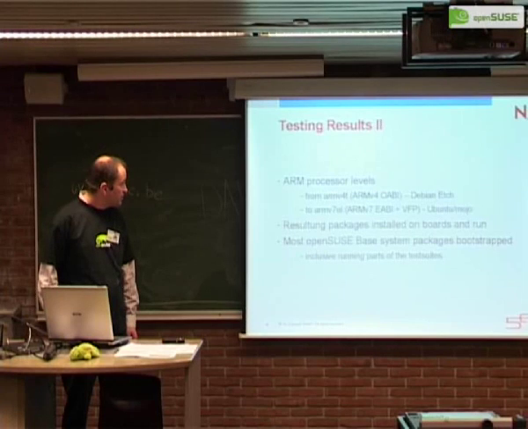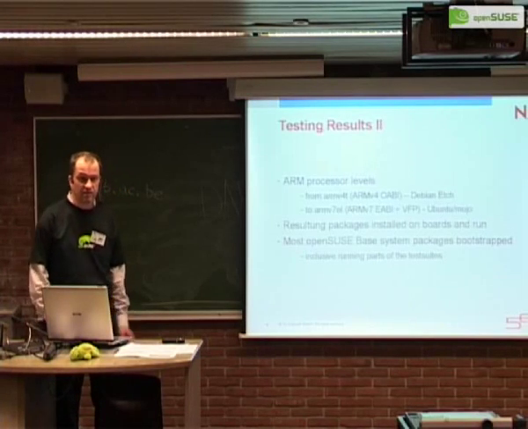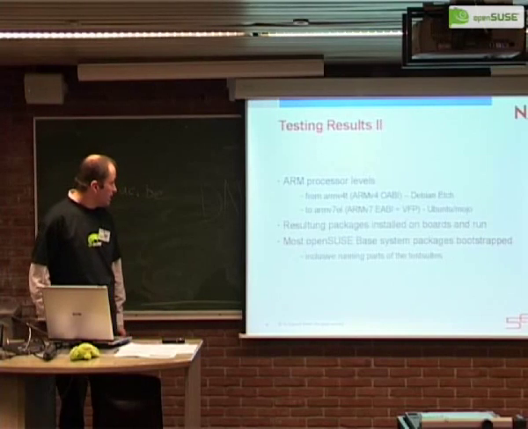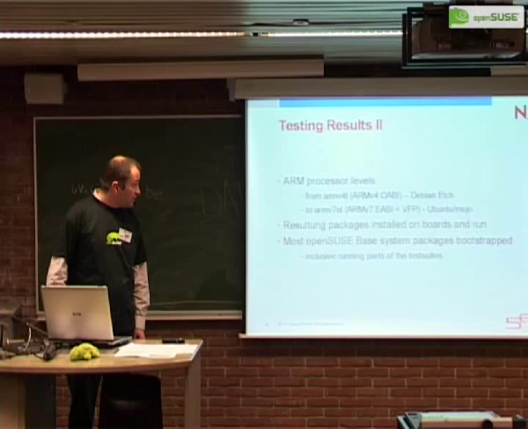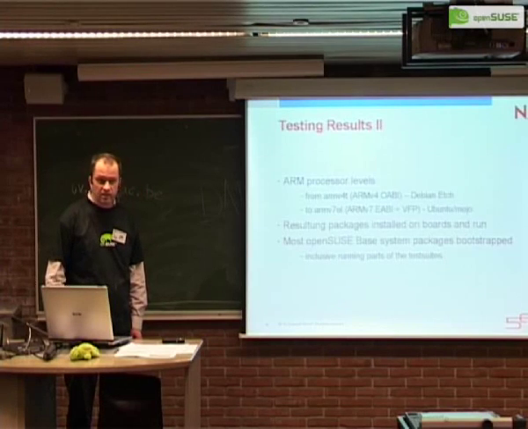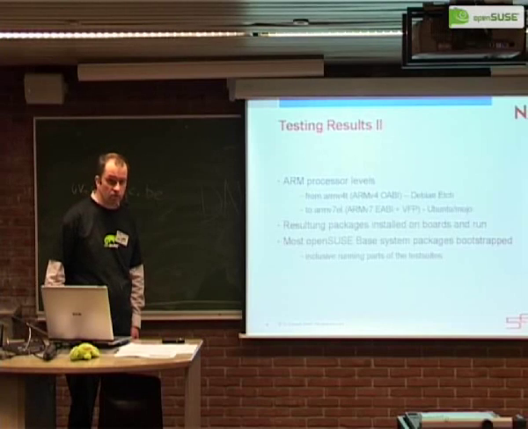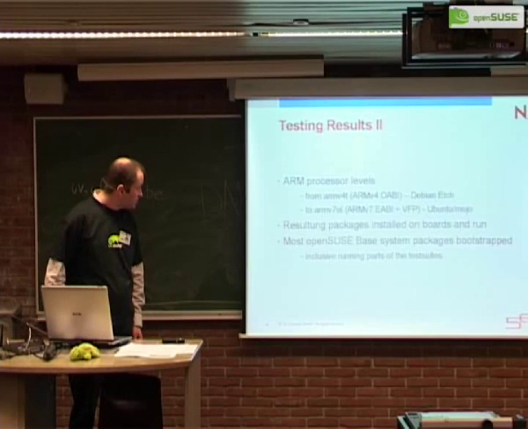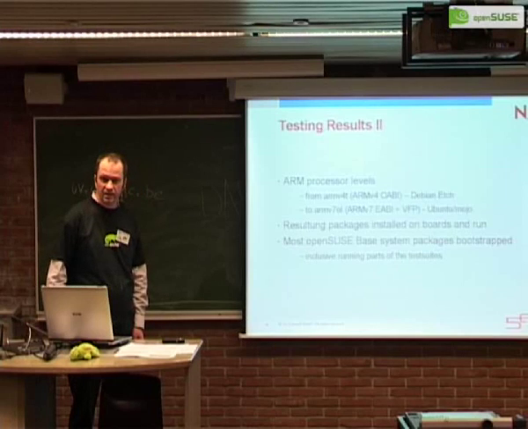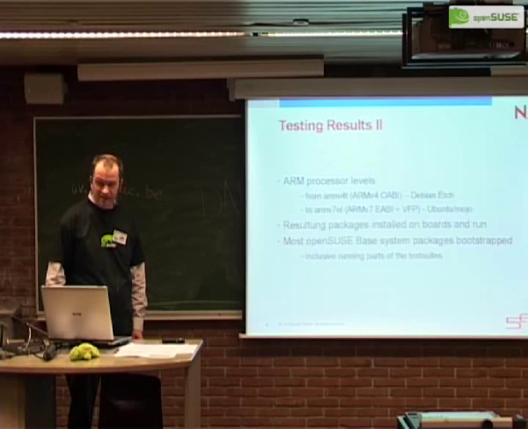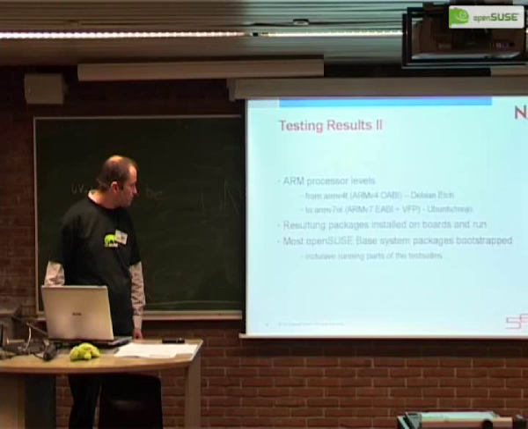And for ARM processors, we implemented all the processor levels that you need to run the different types of ARM cores. There was a change in the ABI of the Linux operating system in between. We had to take care of that also. It's the so-called OABI, the old ABI used in the Linux system in past times, for example in Debian Etch.